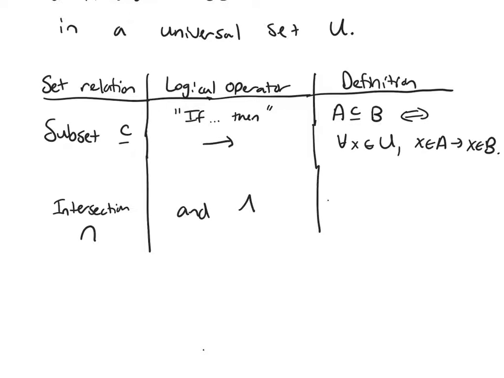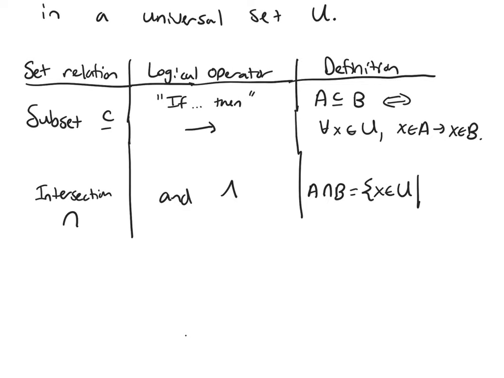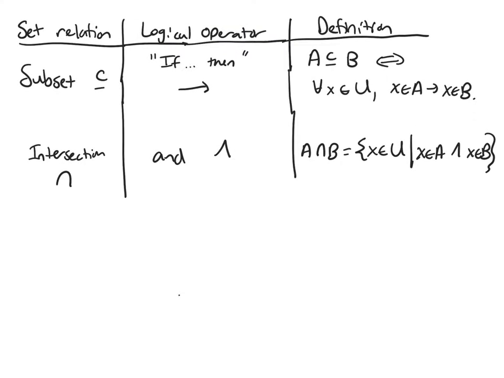So you can write A intersect B as all the elements of U where x is in A and x is in B. After intersection, we had union, and the symbol for that is a U. This connects to an OR statement.